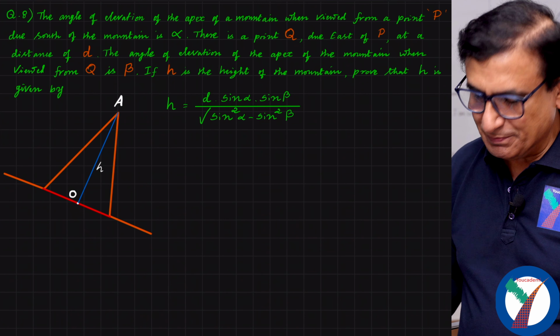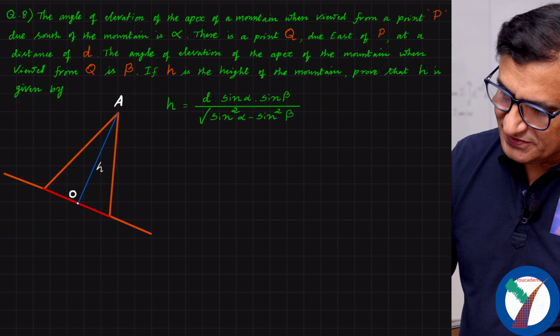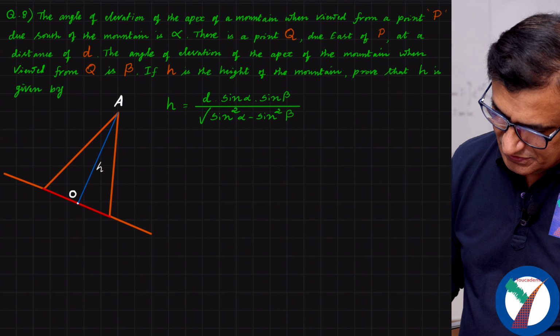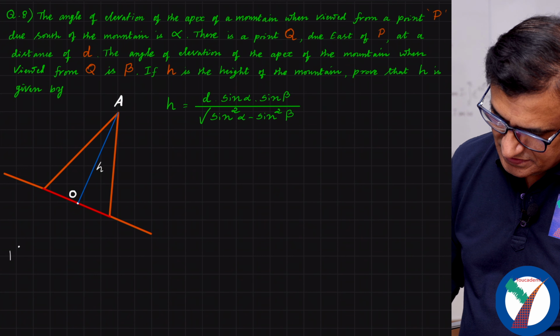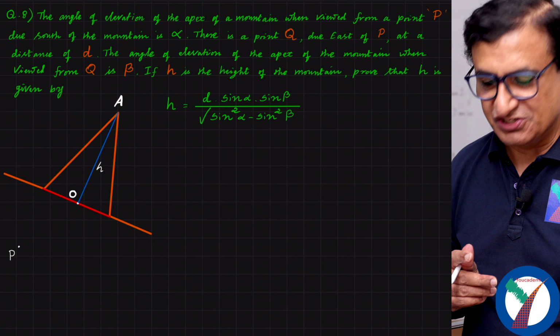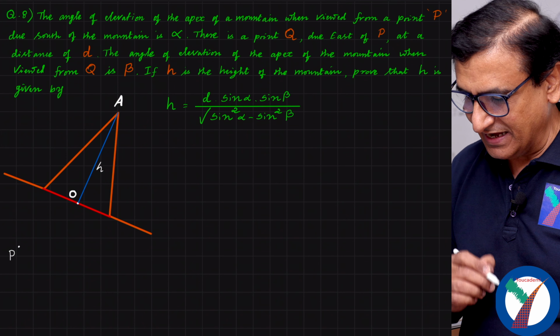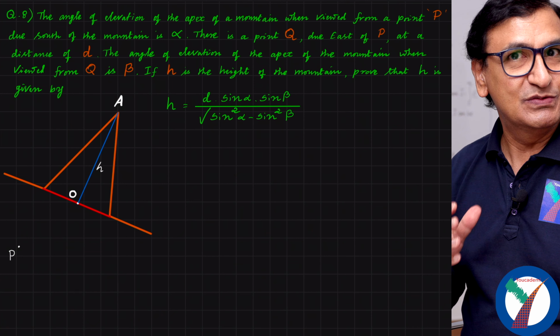Let me mark the point P which is due south of O. This is the point P which is due south of O. Okay, now the angle of elevation of apex A from point P is alpha. That is the angle OPA is equal to alpha.